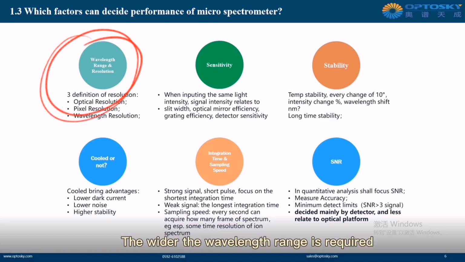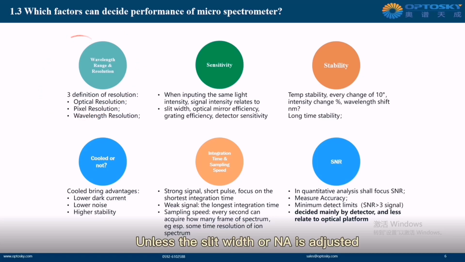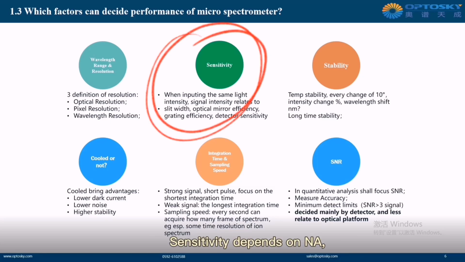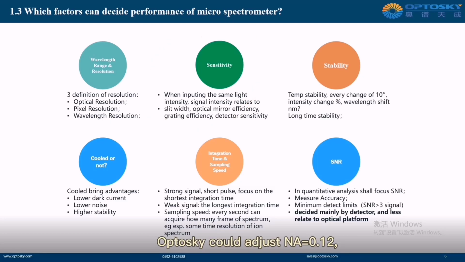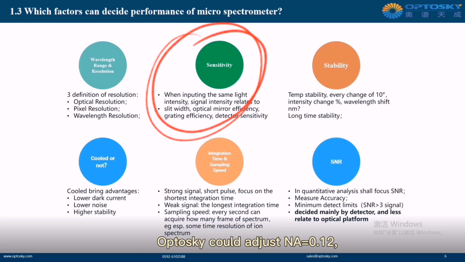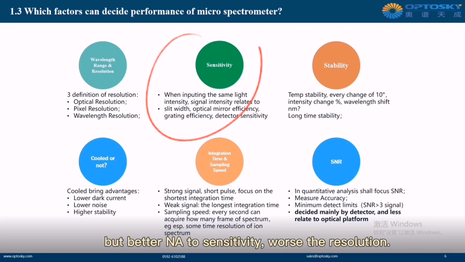The wider the wavelength range required, the worse the resolution will be, unless the slit width or NA is adjusted. Sensitivity depends on NA. Optosky could adjust NA equal to 0.12, but the better the NA for sensitivity, the worse the resolution.